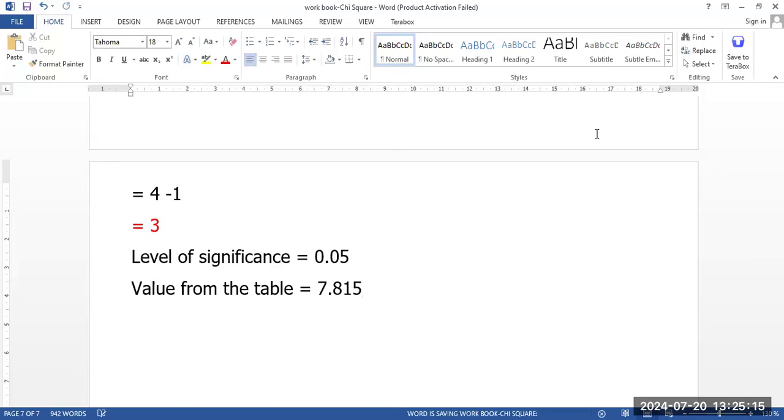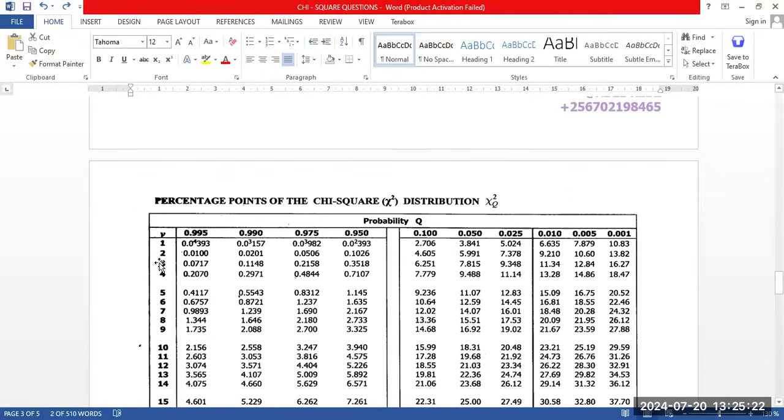Perfect. So this is the value from the table, which you will compare with the computed value. This is V equal to 3. If you move horizontally, 0.05 is here. So the meeting point is this one.